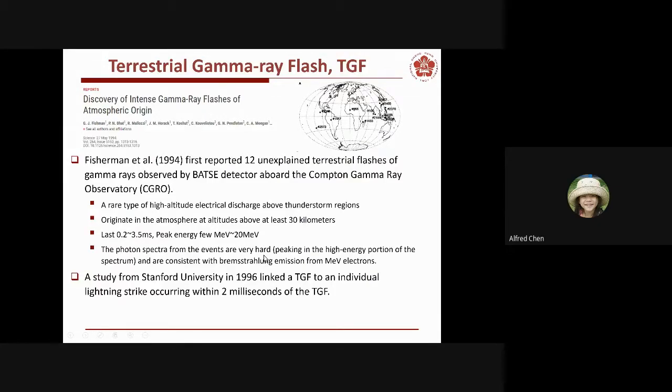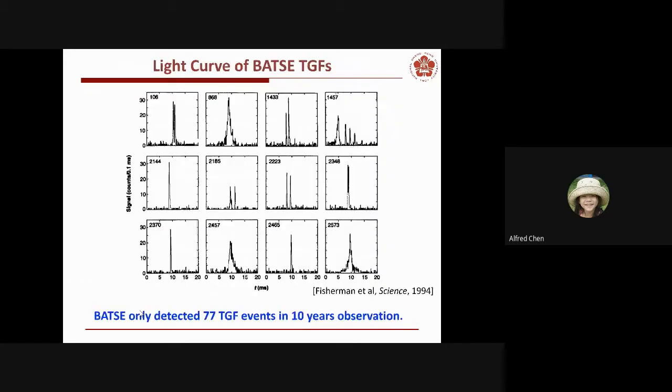And the follow-up studies from Stanford University in 1994 successfully linked TGF to an individual lightning stroke, occurring within 2 milliseconds of the TGF. So it is very strong evidence that TGF has a very strong association with lightning.